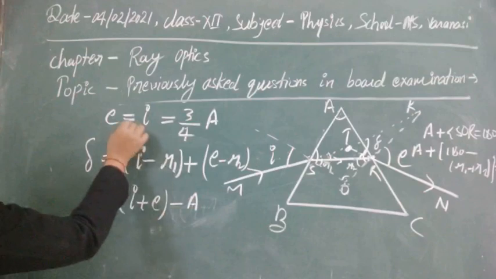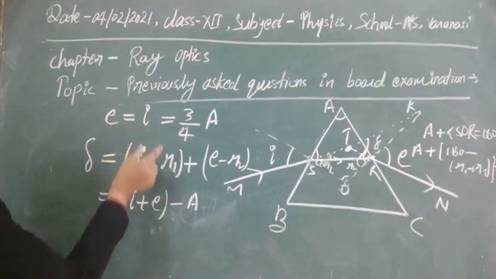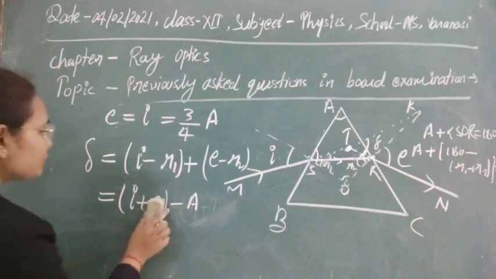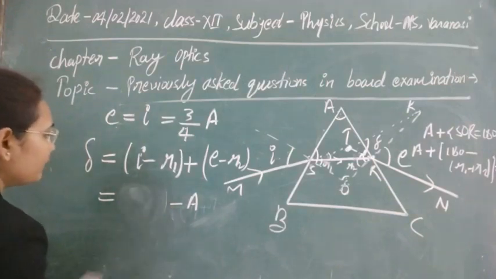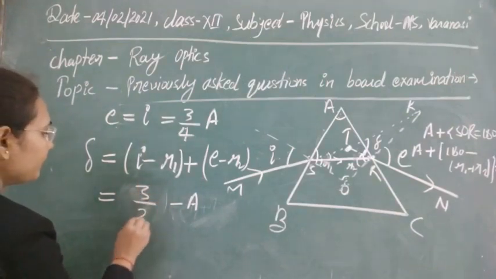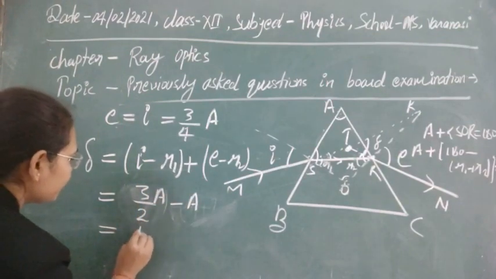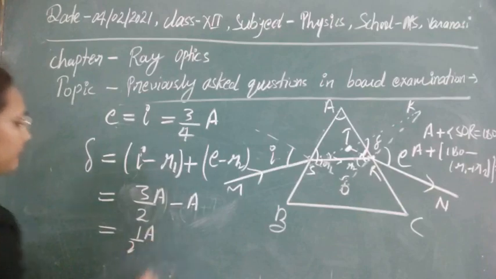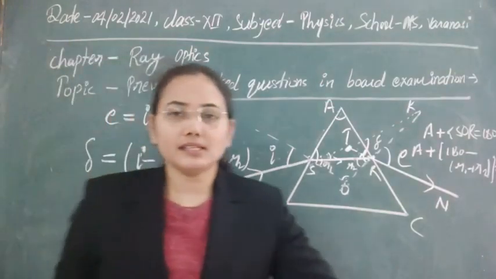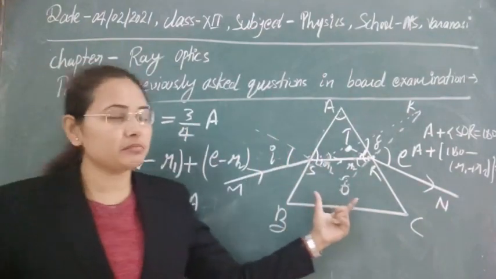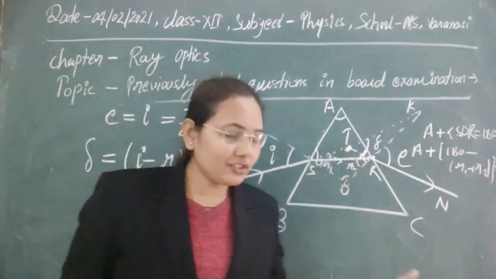And also, as it is given in the question that I and E have the value 3/4 A, then if you put its value and solve it, this will be equal to 3/2 into A here. So finally after solution we can see that this is 1/2 into A. And one more condition is given in the question, that this glass prism is an equilateral glass prism.